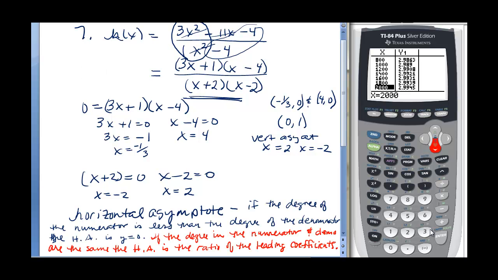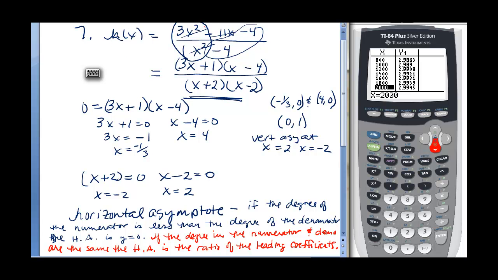Here's our rule for horizontal asymptotes. If the degree in the numerator is less than the degree in the denominator, the horizontal asymptote is y equals 0. If the degree in the numerator and the degree in the denominator are the same, the horizontal asymptote is going to be the ratio of the leading coefficients.